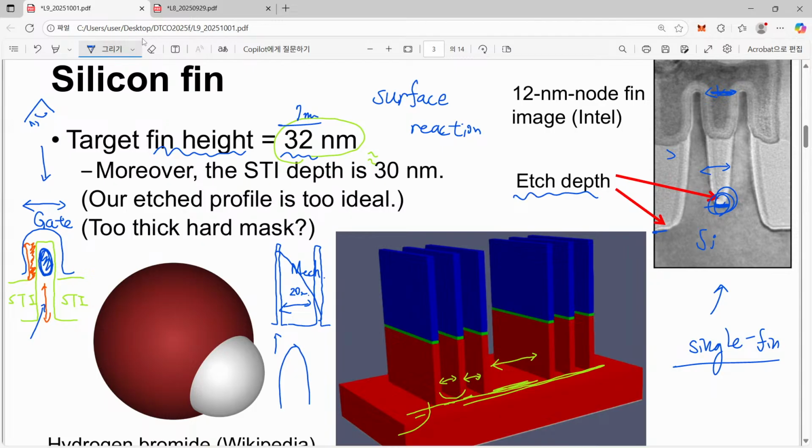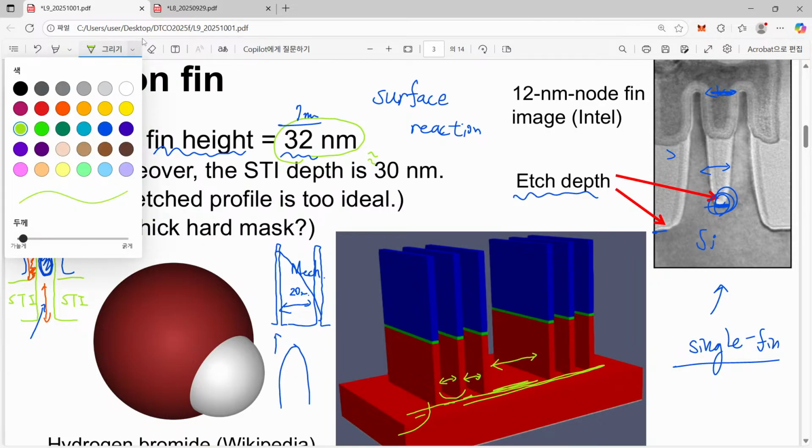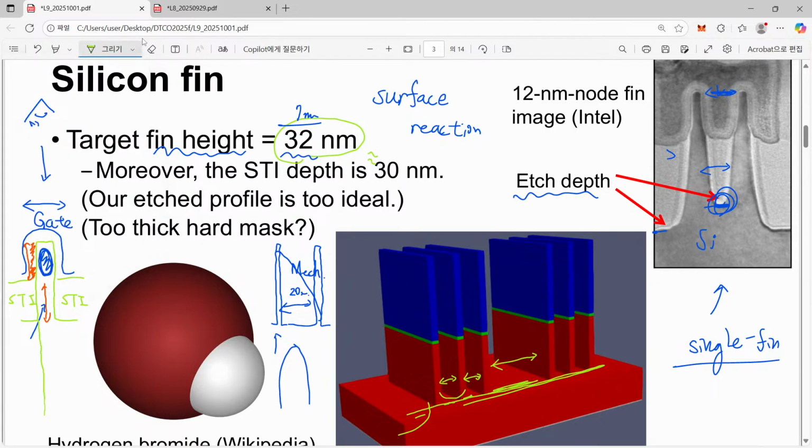If you have an even taller structure like this one, even with this extremely tall fin, the area consumed by the same device is the same, but effectively we have a lot more current. So that is just like a magic or certain trick, but the price is quite clear.